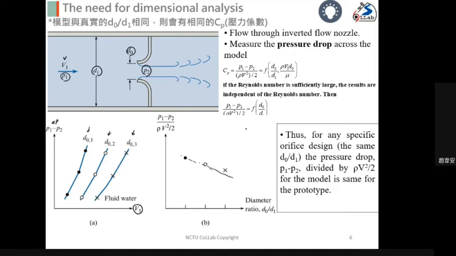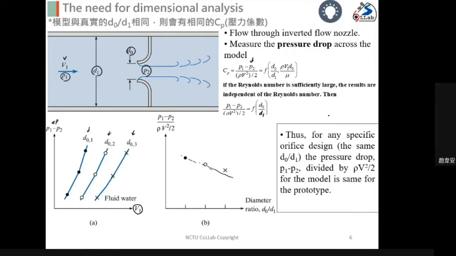So we know that the pressure difference divided by the kinematic energy is a function of the diameter ratio. This is a coefficient, which we call the pressure coefficient, and d0 and d1 give the diameter ratio.